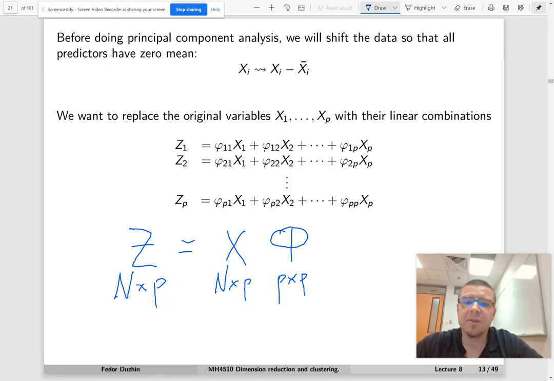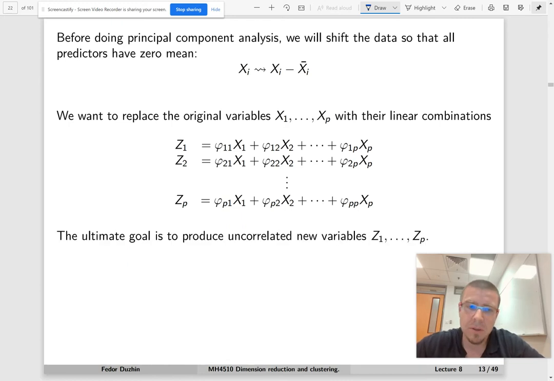And this matrix phi contains the coefficients that transform the data into principal components. The ultimate goal is to produce uncorrelated new variables, so the pairwise correlations between these Z variables are going to be all zeros.